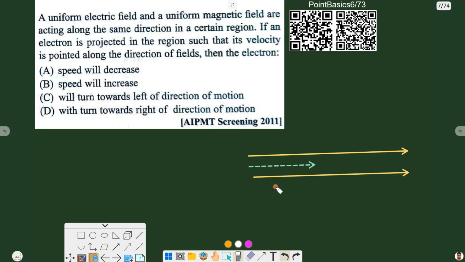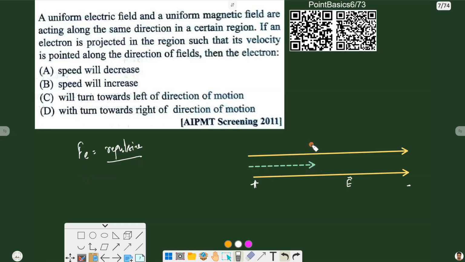So we know the direction of the electric field. If this is the electric field, then it is from positive to negative. And the electron is projected with velocity along the direction of the electric field, so the electron will feel a repulsive force. So the electric force will be repulsive, that will decrease its velocity, or there will be retardation due to the electric field.